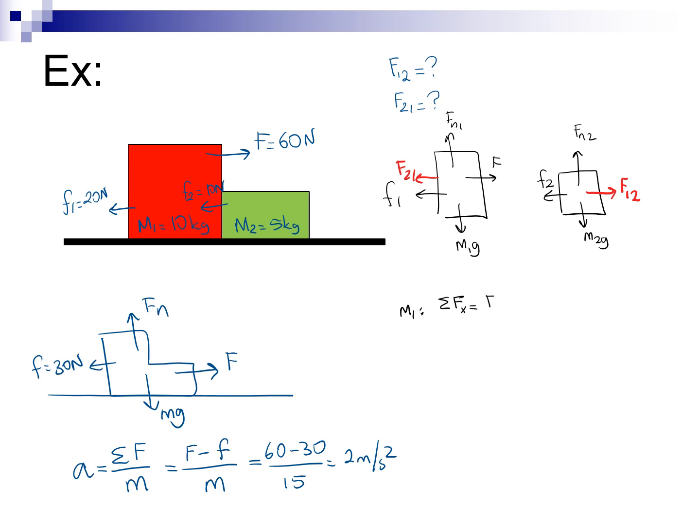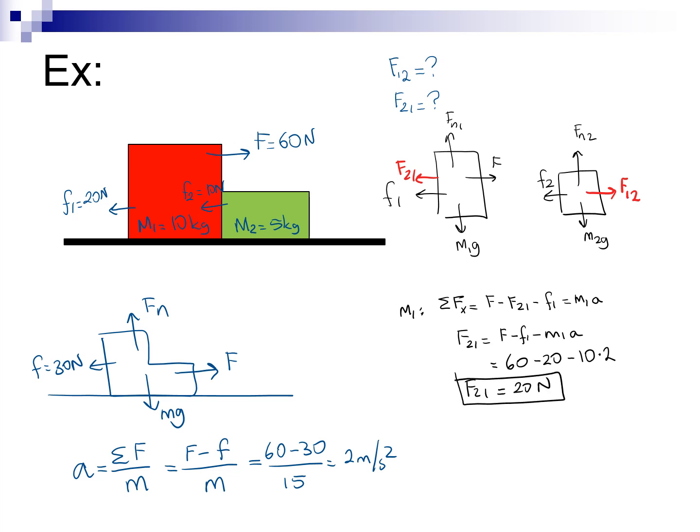So the net force is going to be applied force minus, well, there are two forces, F21 and F friction 1, and that equals M1A. And all I have to do now is rearrange to isolate F21 and plug in values. As you can see, the force of 2 on 1 is 20 newtons.